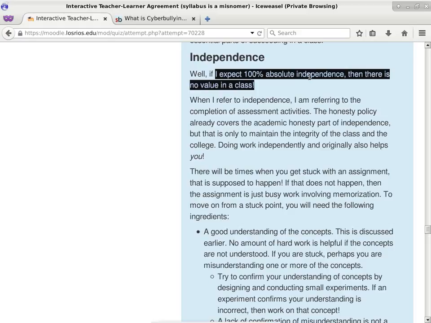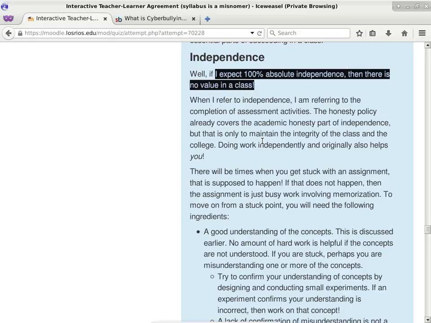I'm talking about independence from other students when you're doing your homework assignment. So this is not really an honesty policy thing, because someone can ask other students for help and still not be considered dishonest or cheating. That's okay. The question is how often and how much should you ask for help from another student?